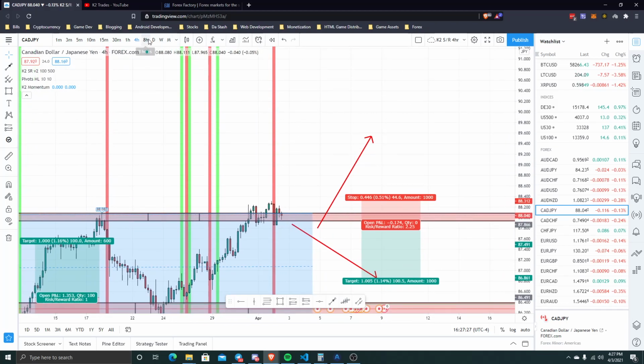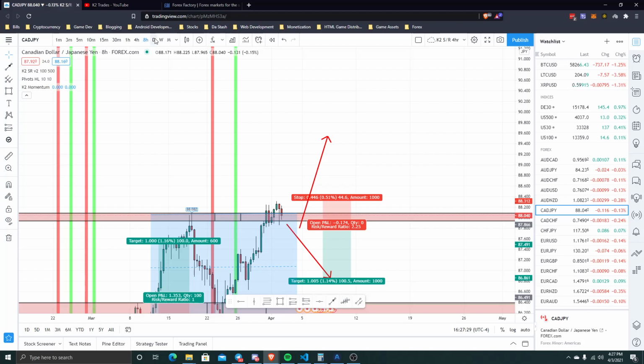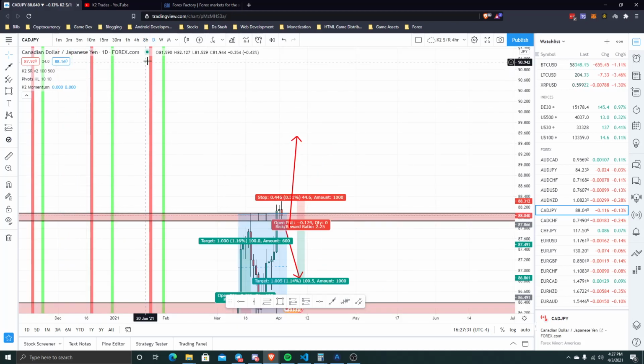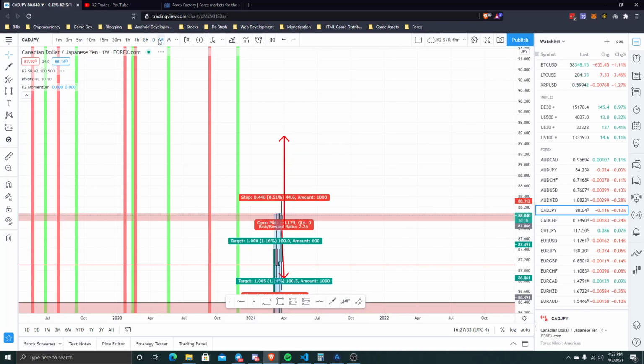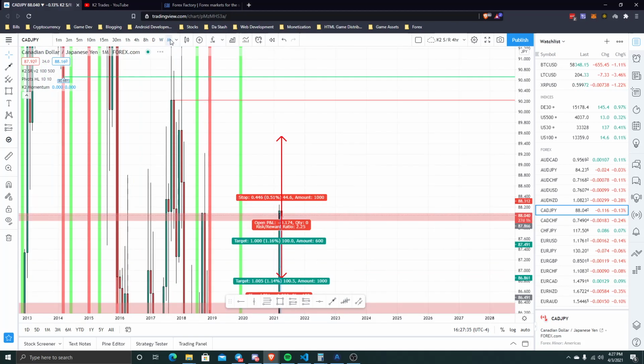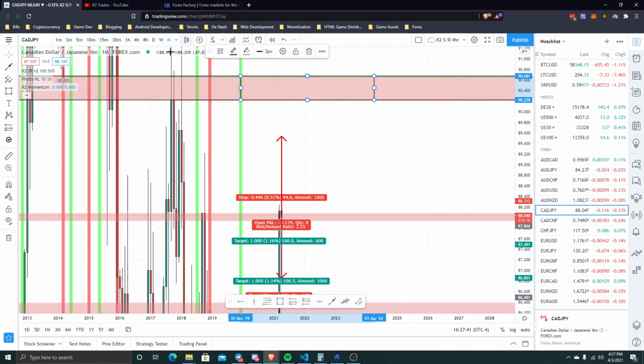And let's see where the next zone is. Yeah, so the next zone is not until up here, and that's a monthly resistance area right here. So I'm going to go ahead and type that in.